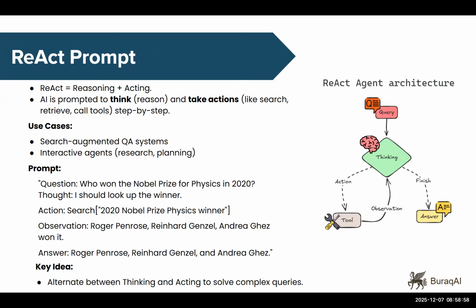So ReAct agent architecture. This was what our agentic AI was built on, agents. You have thinking, you have tools, you have answers, you get the answer, you reason it, and then take action based on the reasoning. Say, the best example is, let's say you are planning a travel vacation.